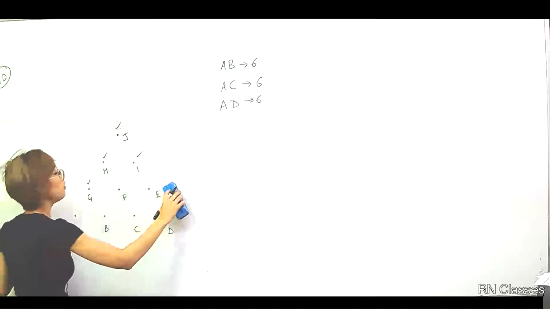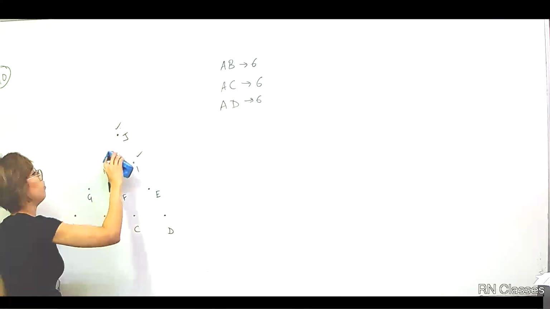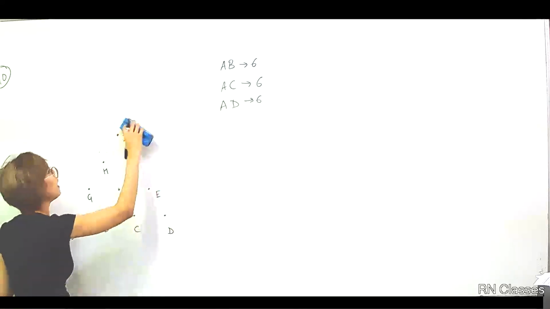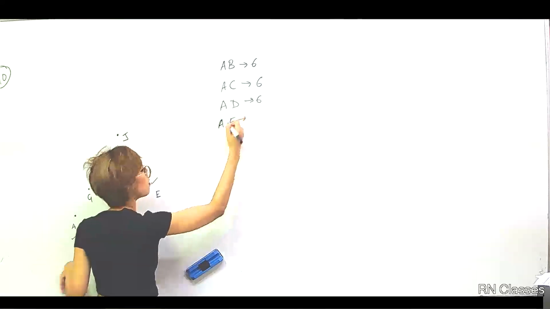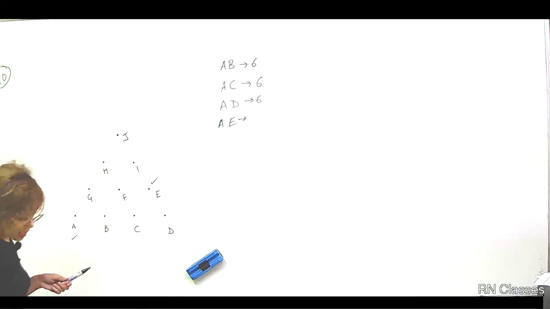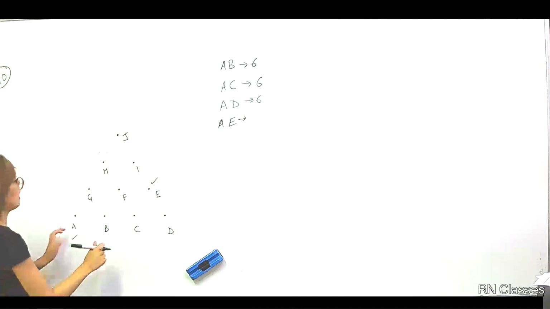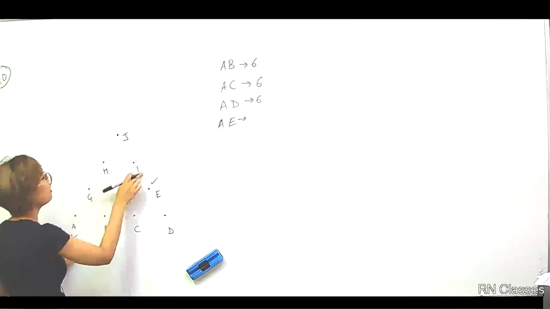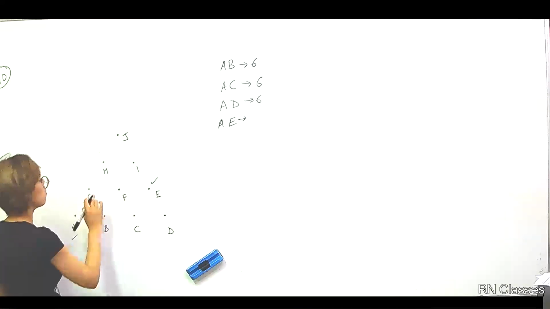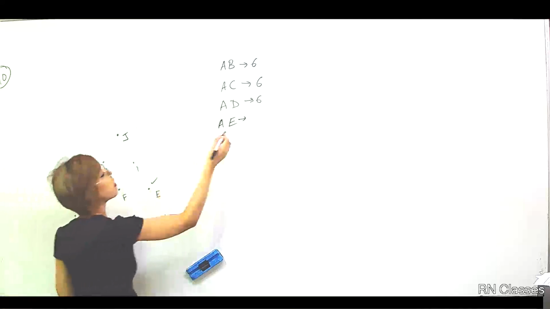Right. Okay. Let's move to AE now. AE. Right. Calculate with AE. So if I take AE, I can take F, yes, G, yes, I, yes, H, J. So 1, 2, 3, 4, 5.